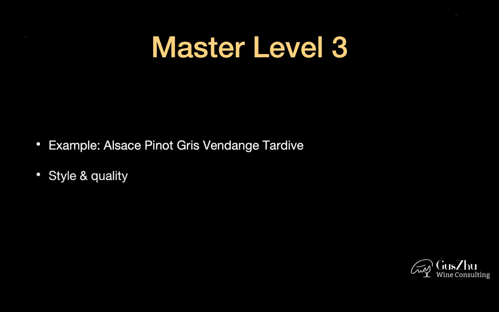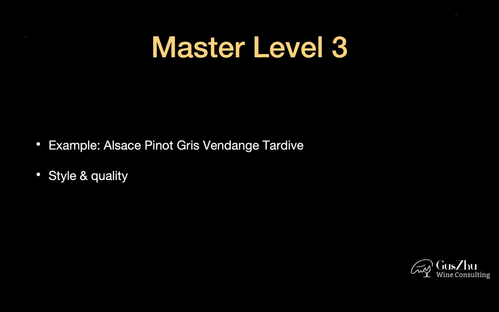I'll give you a real example in the Level 3 to Level 4 transition, okay? In Level 3, what do you need to know about Alsace Vendange Tardive, VT style Pinot Gris? Well, in the Level 3 textbook and your Level 3 studies, you should already know the style as described in the WSET way and the general quality of these wines.